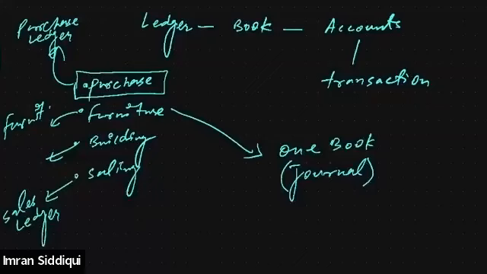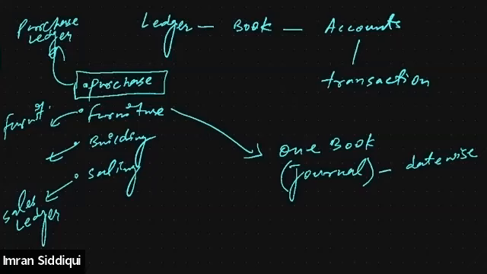So journal will provide you information regarding each and every transaction in a chronological order. Chronological order means every transaction is recorded date wise, right? As and when transactions happen, we record all kinds of transactions at one single place, which is called journal.